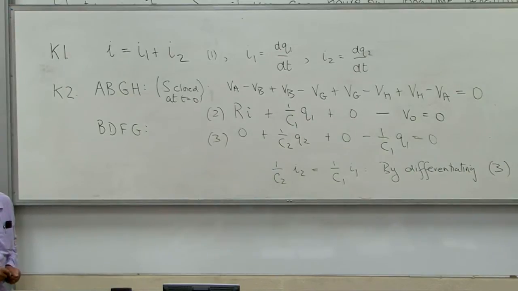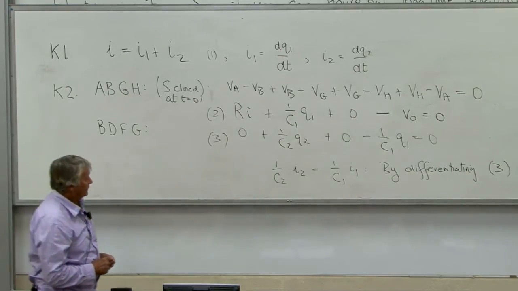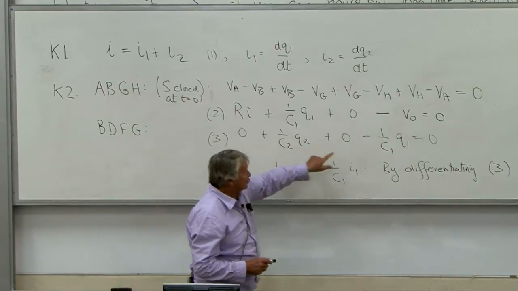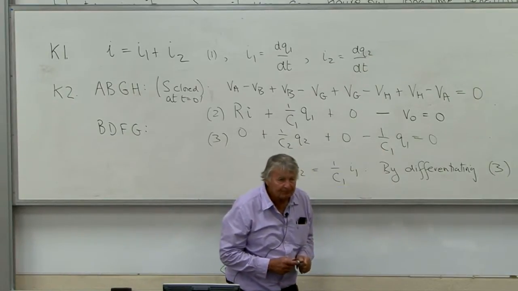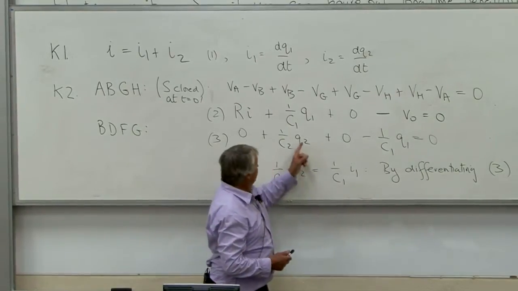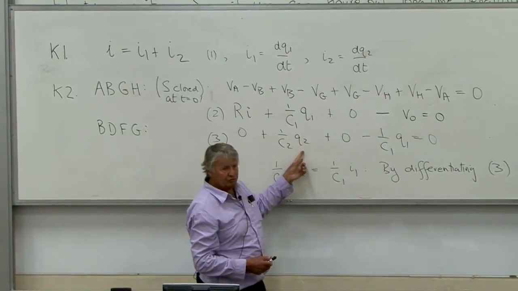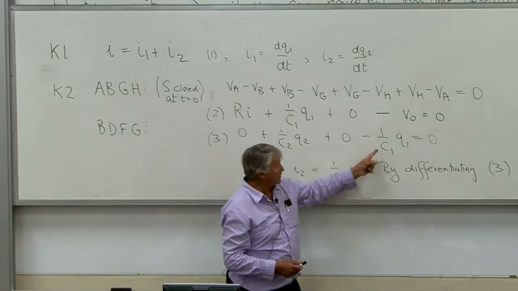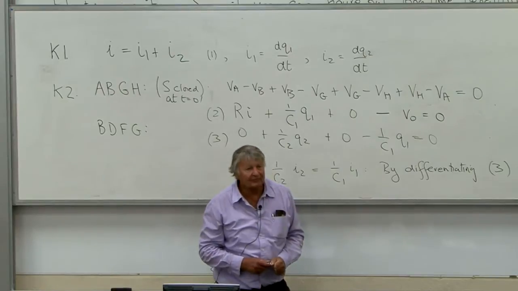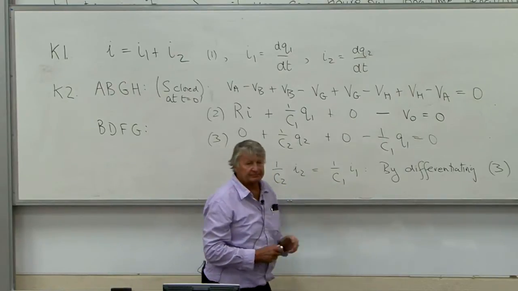Yes, question. Yes, and this is true for all time. So I differentiate it with respect to time. So I get 1 over C2 dQ2 by dt equals 1 over C1 dQ1 by dt. Okay? And that's this.